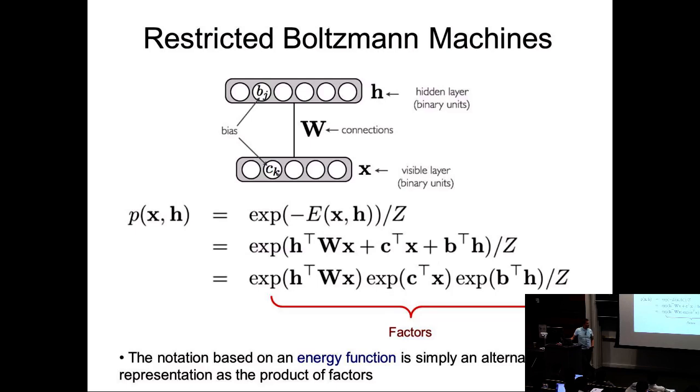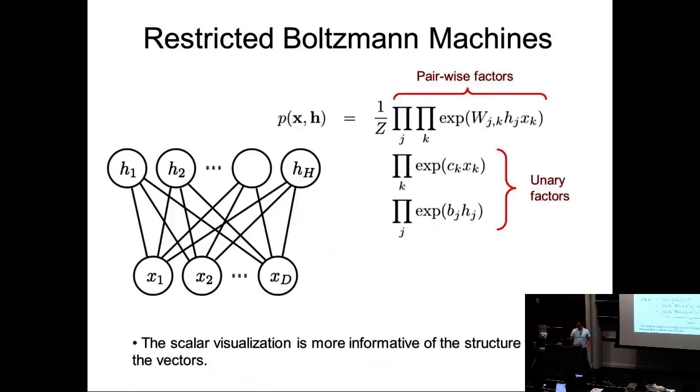And again, in this case, H and X are Bernoulli random variables taking values 0 or 1. People have also tried adapting it to the setting where you have -1 and 1. You can do that. So this notation is based on the energy function, and it's basically an alternative to the representation of the product of factors. Right? Remember, in the last class, when we looked at undirected graphical models, there are two views, right? One is in terms of product of non-negative factors, another one in terms of the energy, but the two are equivalent.